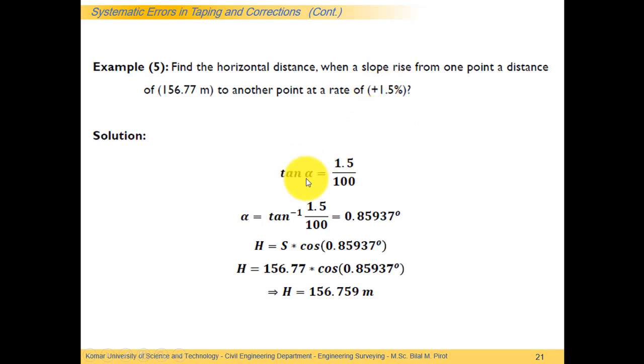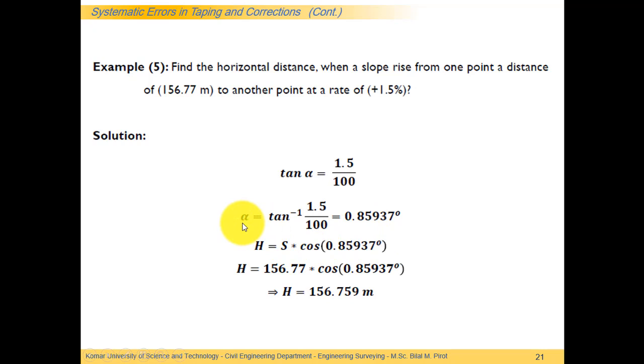This means that tan alpha is equal to 1.5 divided by 100. So by using this formula, we can find alpha. The angle will be equal to the tan inverse of 1.5 divided by 100, and the result will be 0.85 degrees.